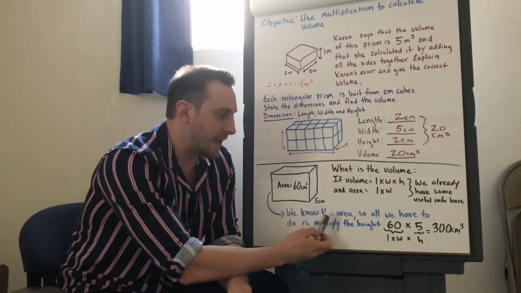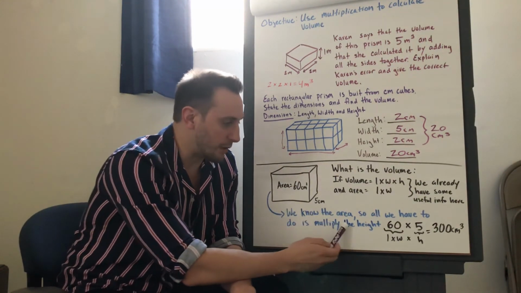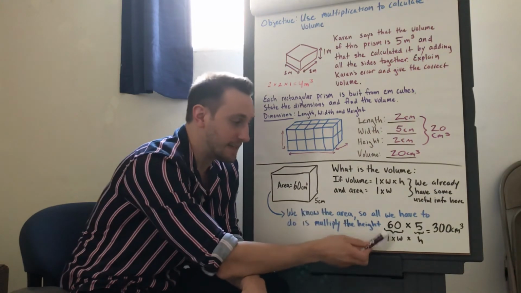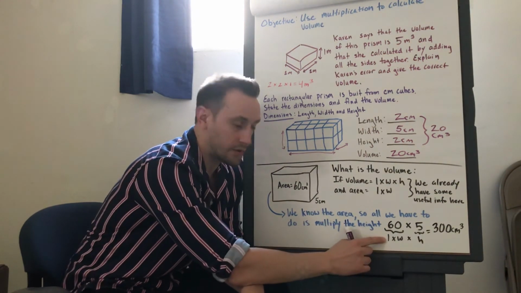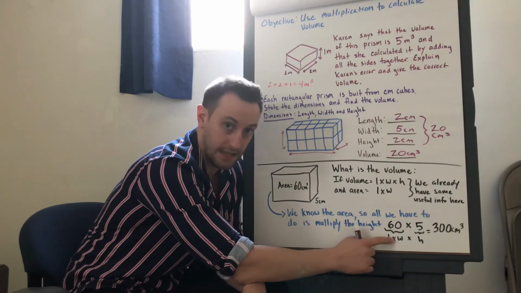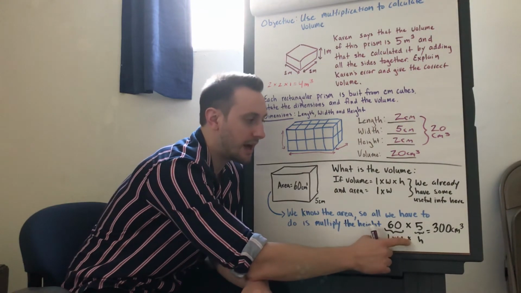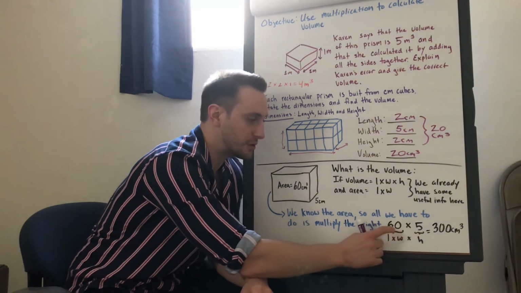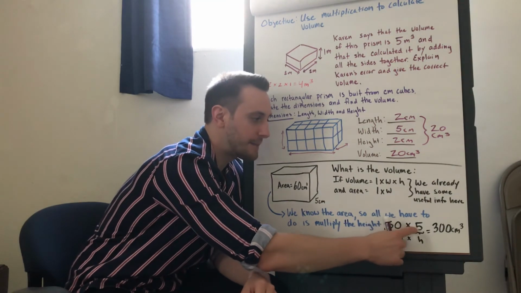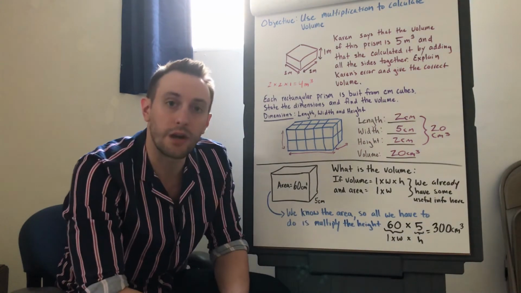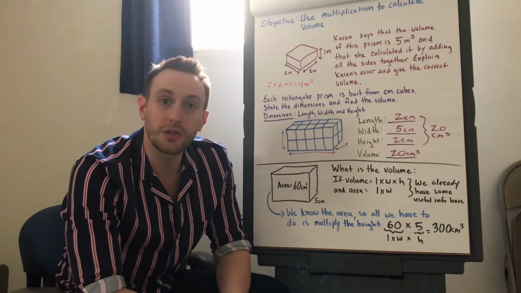So we know the area, and all we have to do is multiply by the height. We have 60, and underneath it says the 60 is length times width, and the height is 5. So you do 60 times 5, which gives you 300 centimeters cubed.